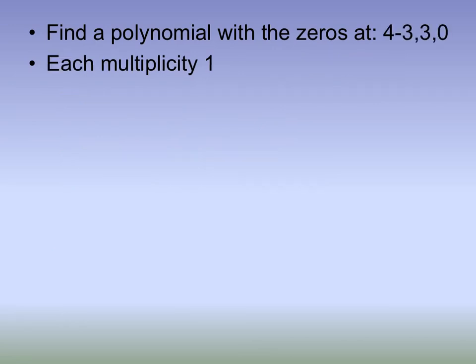For our next example, we have a polynomial with zeros at 4, negative 3, positive 3, 0. And each has a multiplicity of 1. So again, that's going to be our degree for those factors. So I'm going to go ahead and write them as factors. We have x minus 4, x minus a negative 3, which will just become a plus 3, x minus 3, and lastly, x minus 0, which we're going to just rewrite as x.